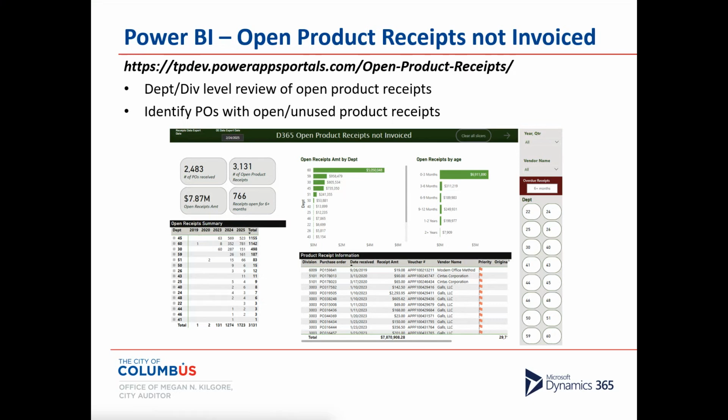So for carry forward POs or legacy POs that were maybe outdated or no longer used, we can't cancel those or finalize those properly until we take care of the unused product receipts. So what this Power BI report does is provide a lot more information to departments and divisions that they were not otherwise able to get within one location in D365.